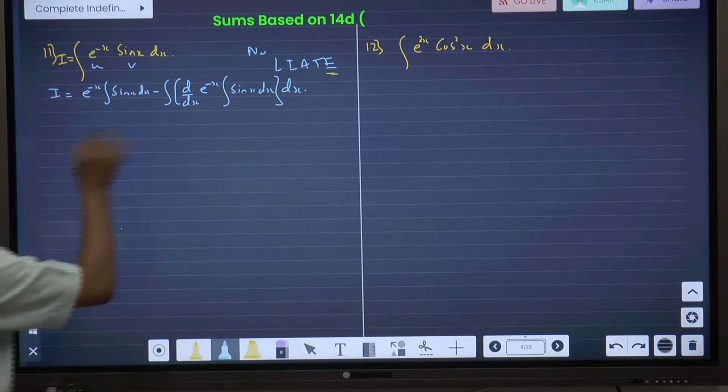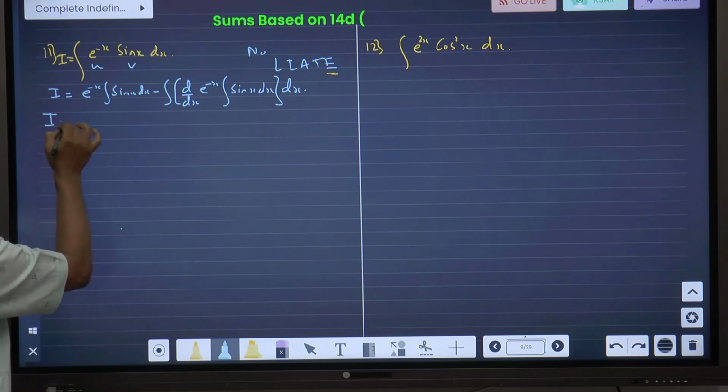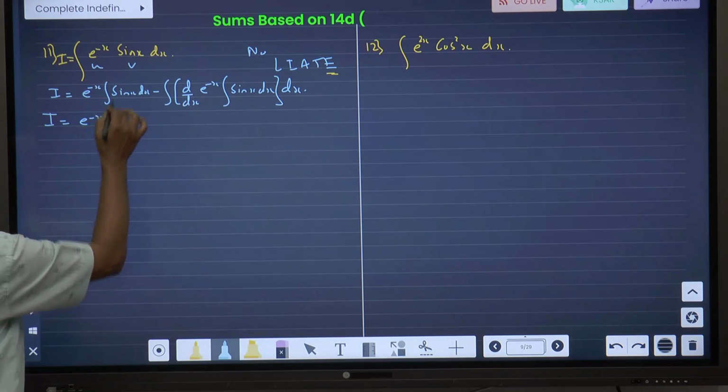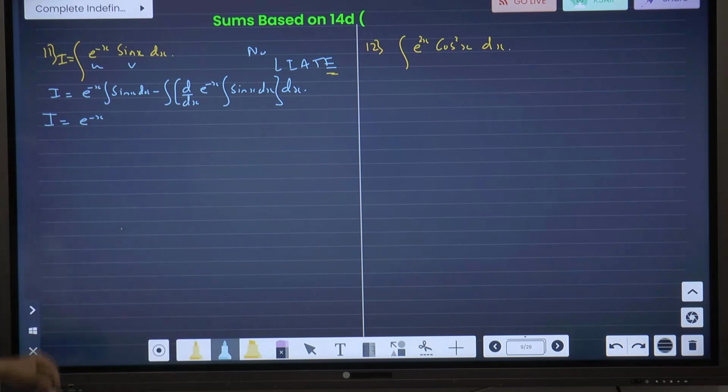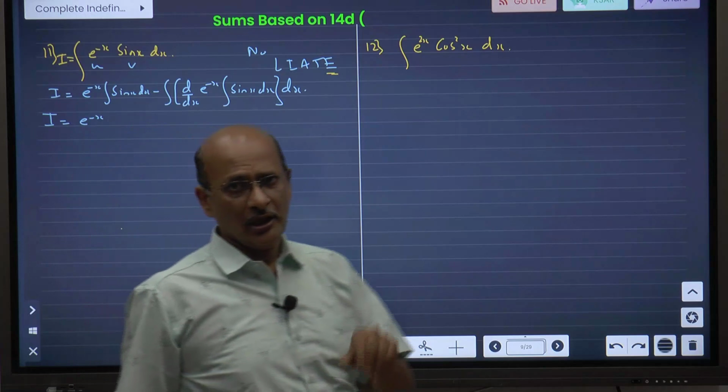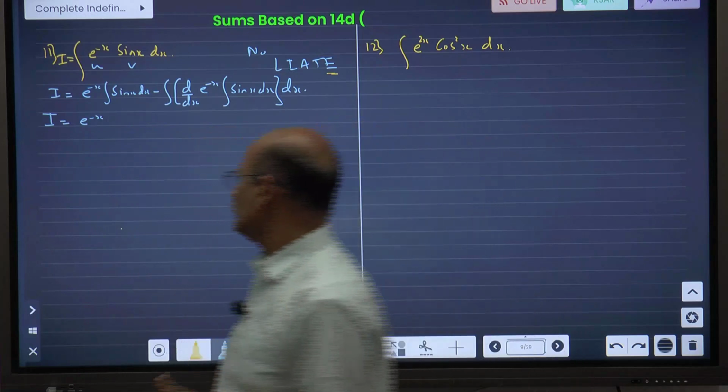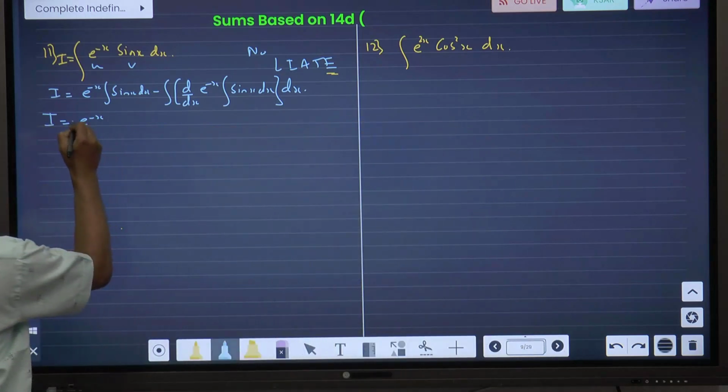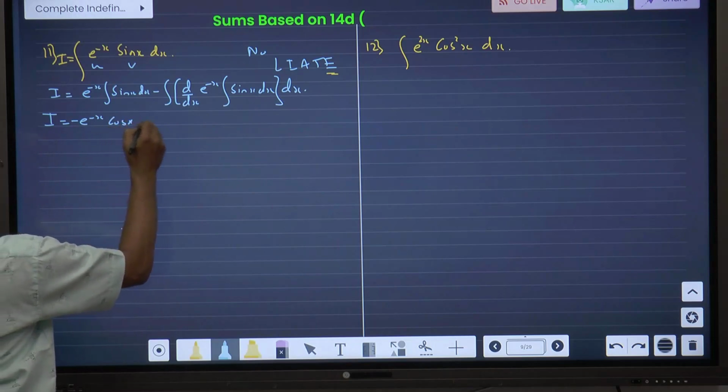Once you finish with this, let us see what happens. So I is equal to e raised to minus x, integral of sine. Be careful, derivative of sine is cos, integral of sine is minus cos, so don't forget it. So this is minus cos, be careful about the signs.